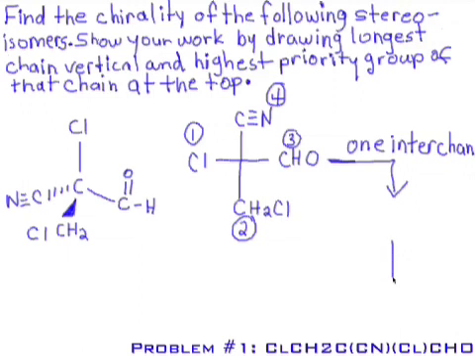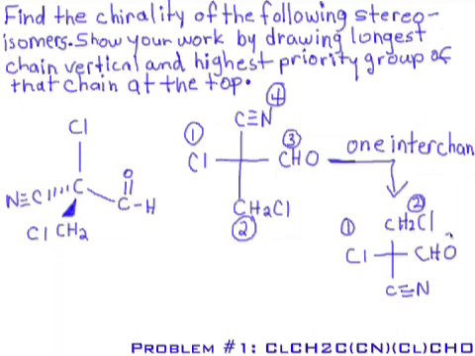So I will now draw this. And CH2Cl ends up at the top. I still have my CHO, my aldehyde group, to the right, my Cl to the left, and C triple bond N is now at the bottom. That gives me 1, 2, 3, and then number 4 is here.